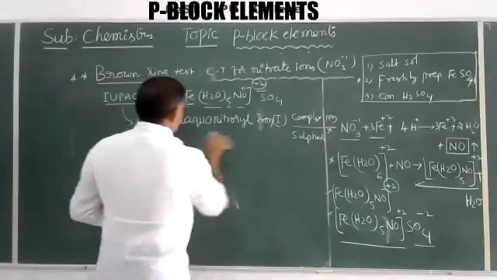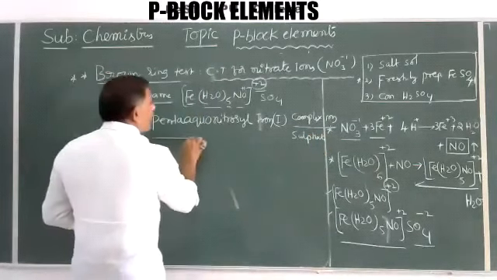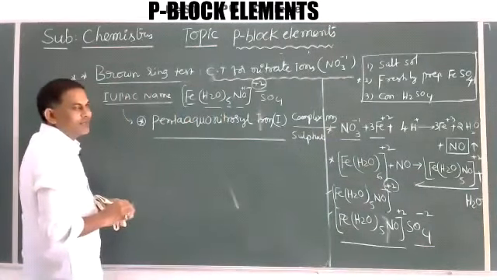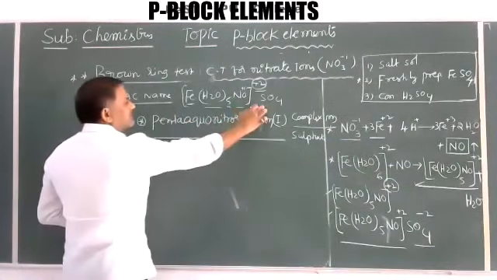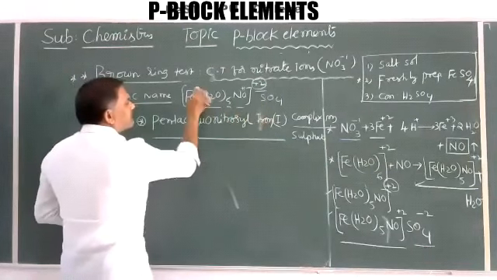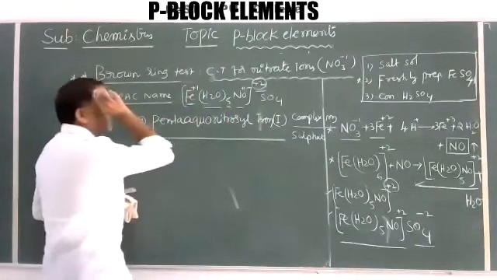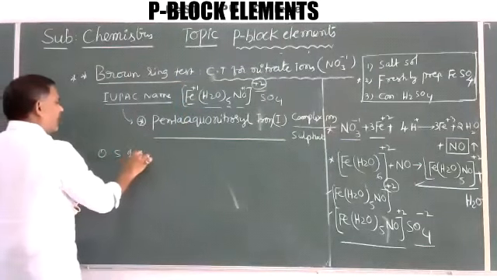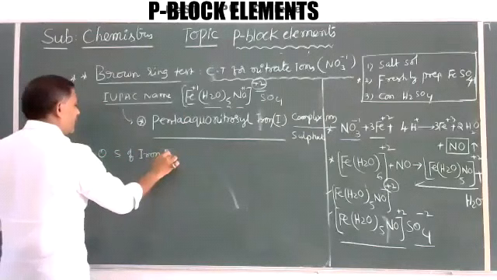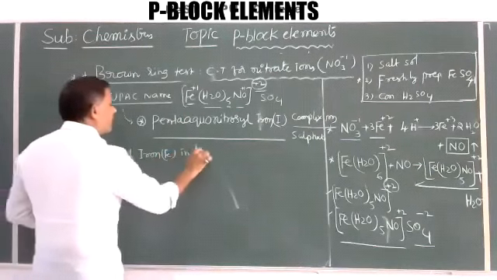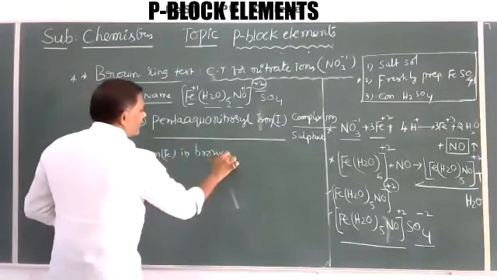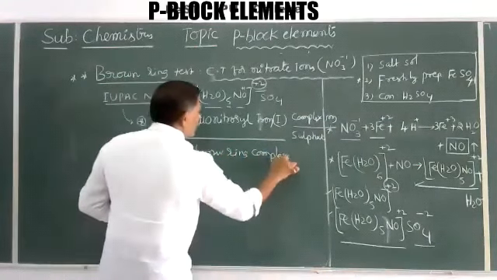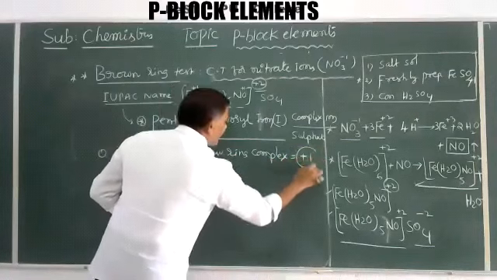Everything is the same: pentaaquanitrosyliron(I) sulfate. The 1 indicates that the oxidation state of iron is +1. Very important: the oxidation state of iron in the brown ring complex is +1.